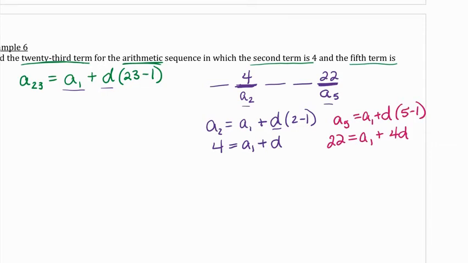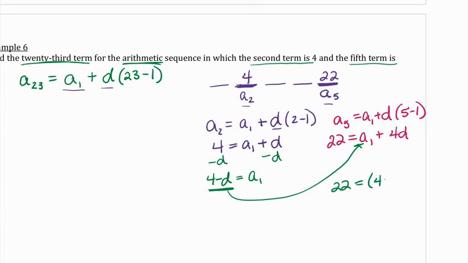So I'm going to solve this first one for A1. I'm going to subtract D on both sides, and I would get A1 equals 4 minus D. If you want to do this with elimination, you are more than welcome to. I'm going to take that and plug it in for that A1. So I get 22 equals 4 minus D plus 4D.